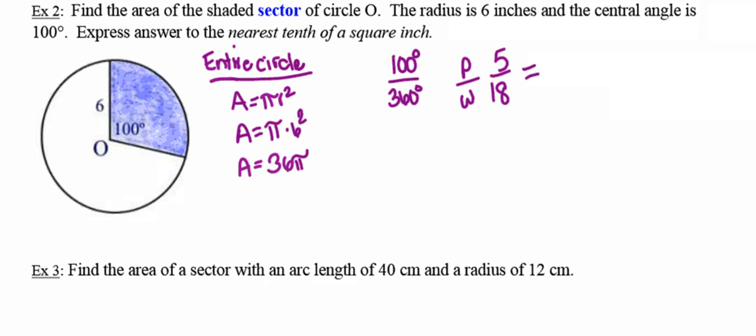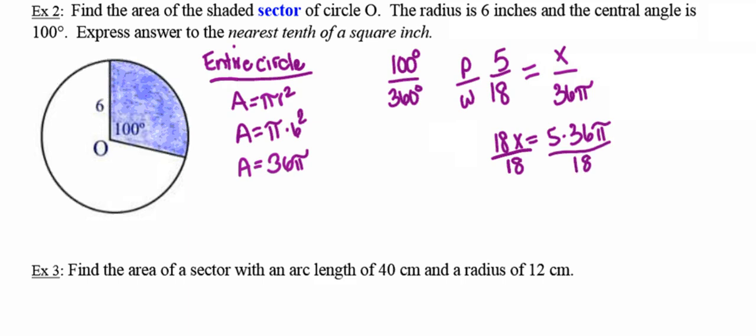Now I want to compare the part of the circle I want to find the area for, x, my blue sector, to the area of the whole circle, 36 times pi. So I'm going to cross multiply: 18 times x going in one direction, and 5 times 36 times pi going in the other direction. To undo multiplying by 18, I'm going to divide both sides by 18.